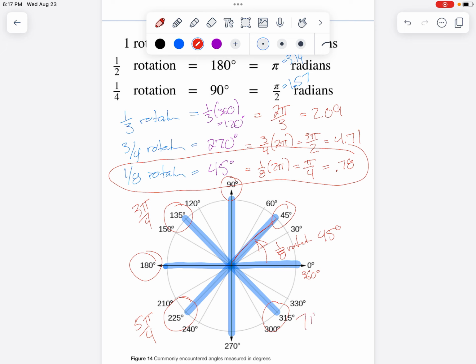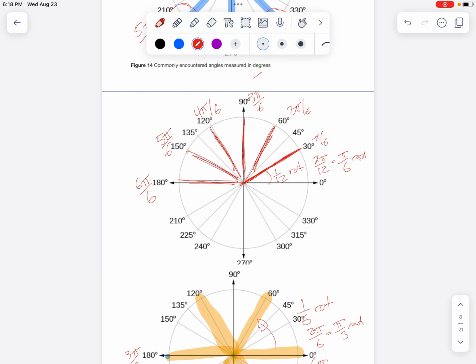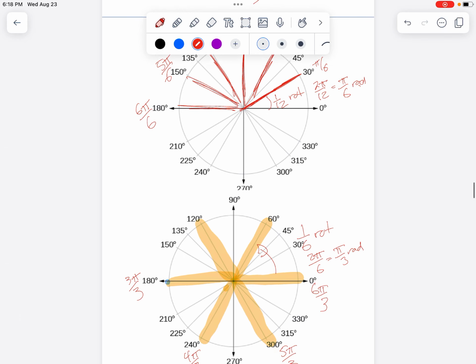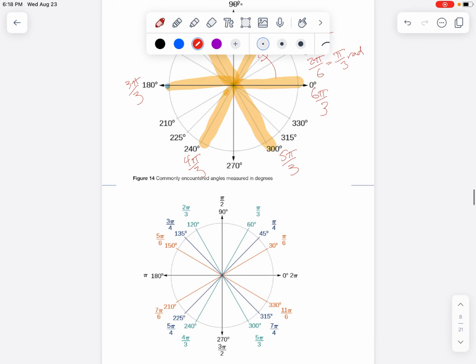Here is 7 pi over 4, and back to 8 pi over 4, which is, again, 2 pi, 1 full cycle. So we'll do those angles more and more. Here they are for a 1/12 of a rotation, which is 30 degrees, or pi over 6 radians. It's too many numbers for me to try and say now, but all those you can practice and get used to.